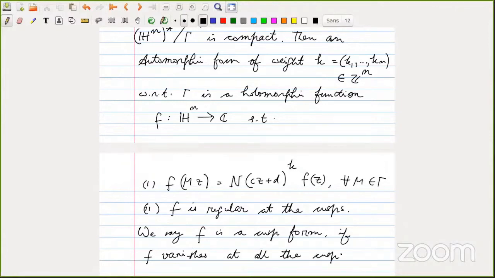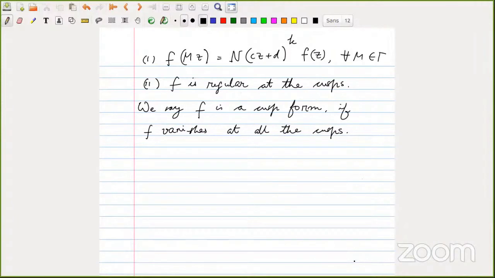Even if it vanishes at one cusp but doesn't at the other, then it's not called a cusp form.